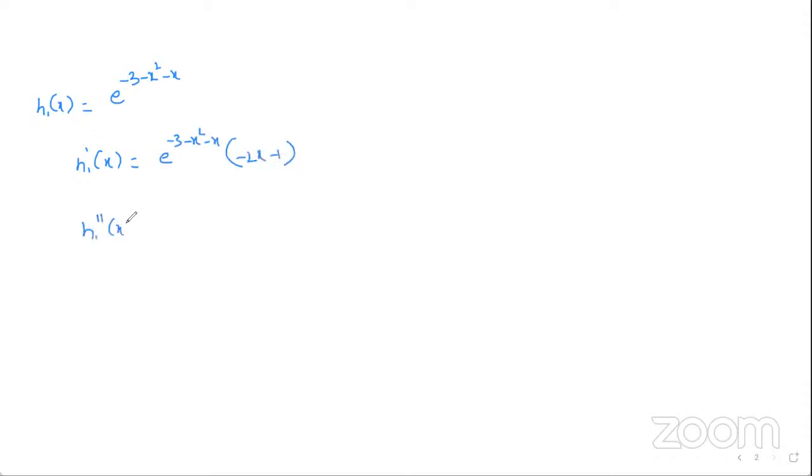Then the double derivative of this is going to be equal to e power minus 3 minus x square minus x multiplied by minus 2x minus 1 whole square.